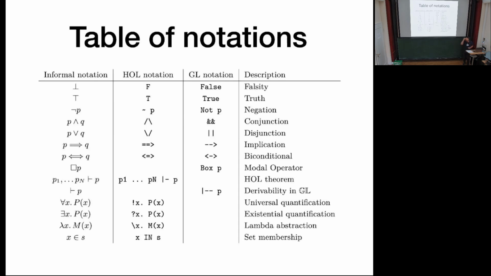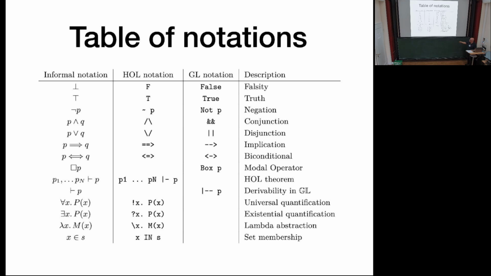So let me say very few things about HOL Light, just to make the next slides readable. Let me say something about the notation of HOL. We have the informal notation here that you know very well. And the HOL notation uses keyboard symbols. So you have F for false, T for true, tilde for negation, and graphical symbols for the binary connectives. This is the notation for a theorem.